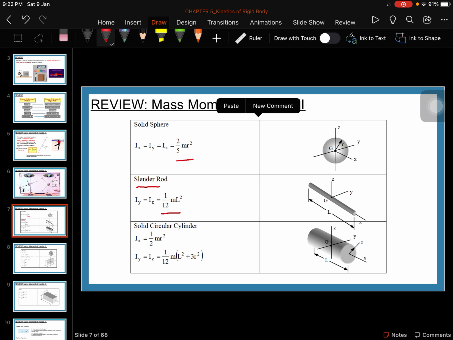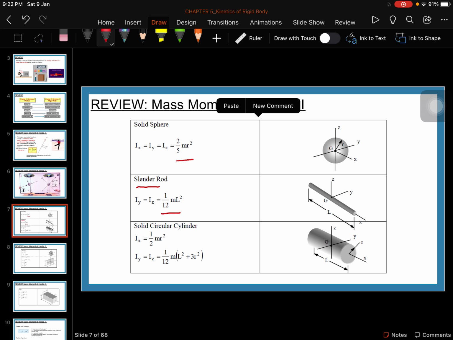Third one is solid circular cylinder: Ix equal to half mr square, and Iy equal to Iz equal to 1/12 m in bracket 3r square plus L square.